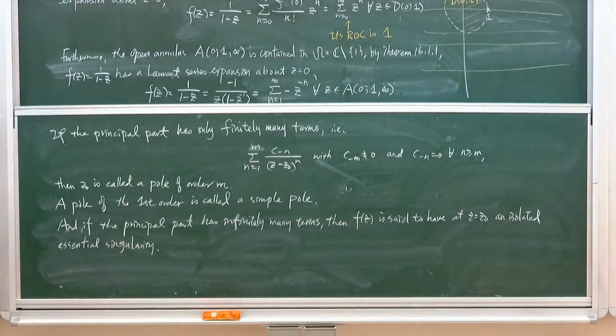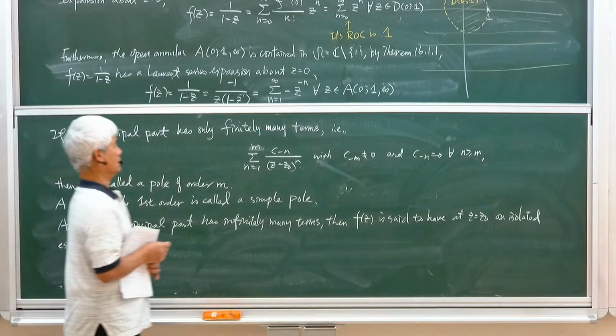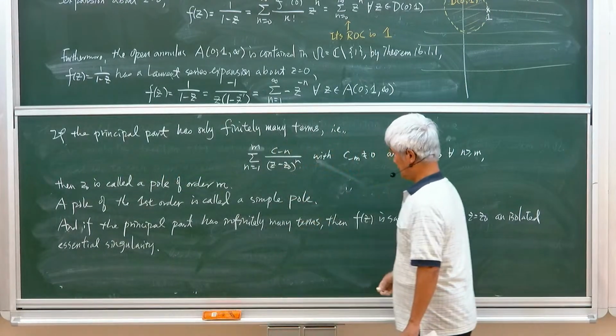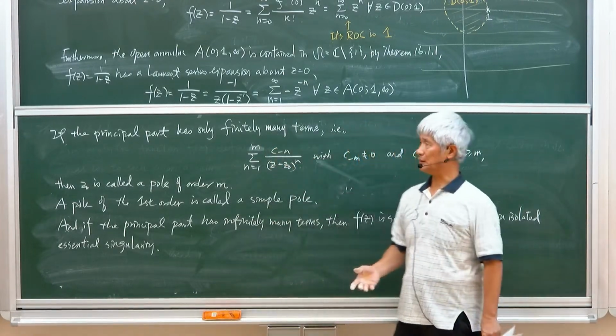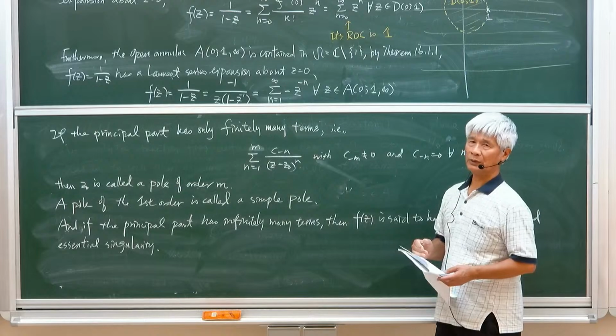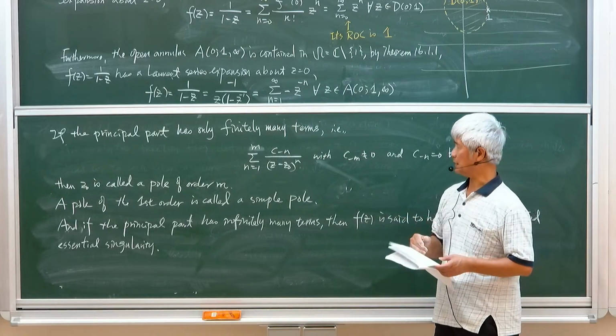So now we classify isolated singular points into two classes. One is called poles, the other is called essential singularities, and it depends on the principal part at the isolated singular point. If the principal part has finitely many terms, then we call it a pole, and we know how to find its order.